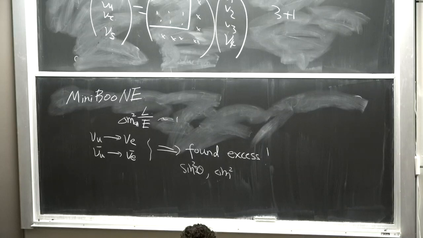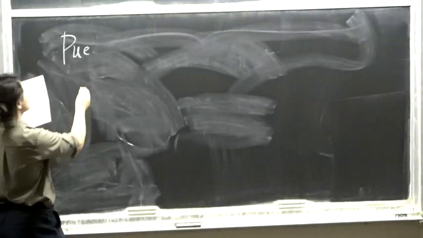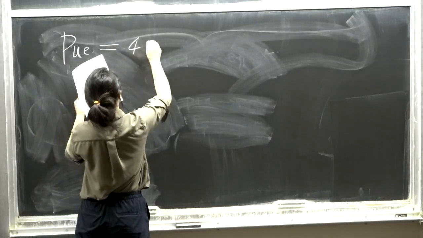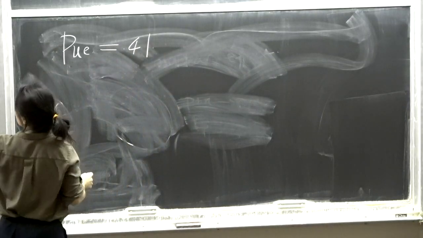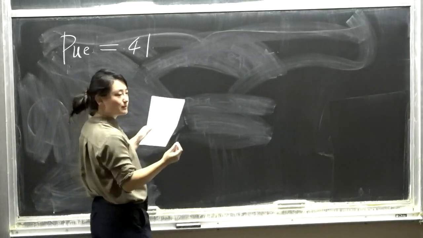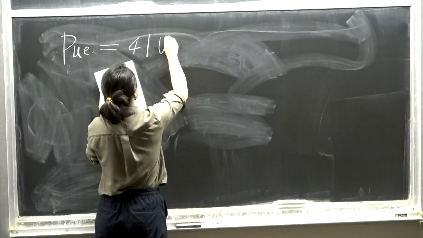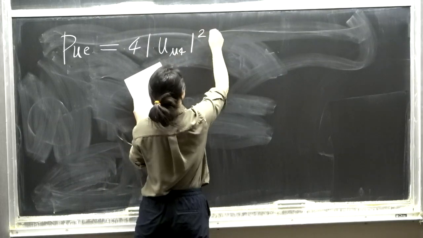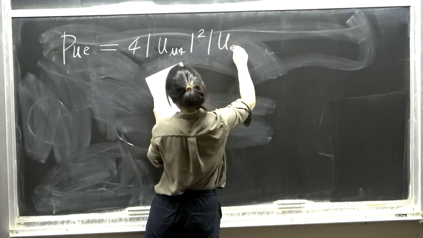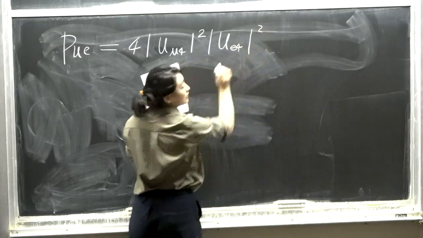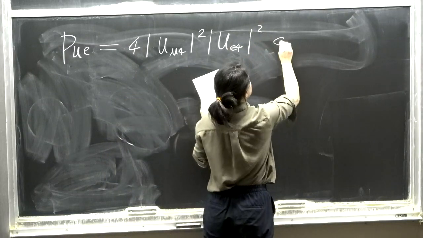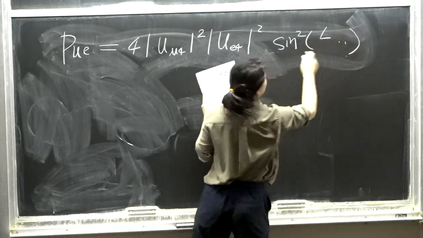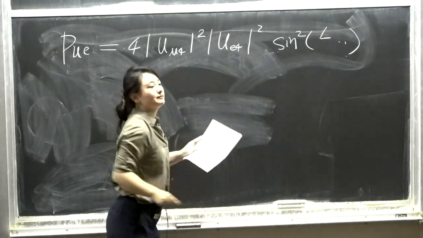My appearance probability, where we see the excess, I can write as, so the mixing angle that I wrote there, if I express that in terms of matrix elements, is U mu4 squared, U e4 squared, and a sine squared L over E term, which is not key, so I will not write that.